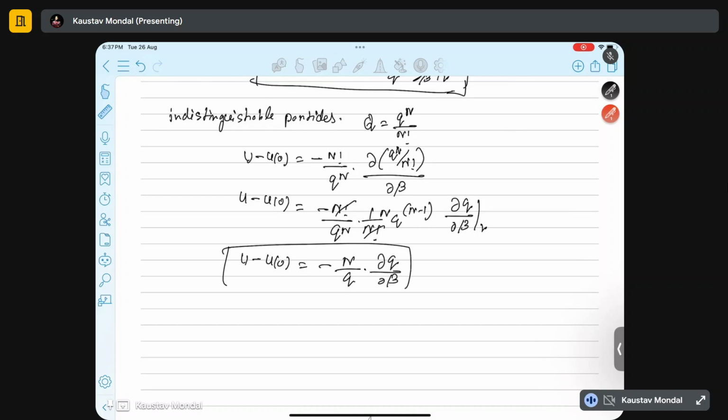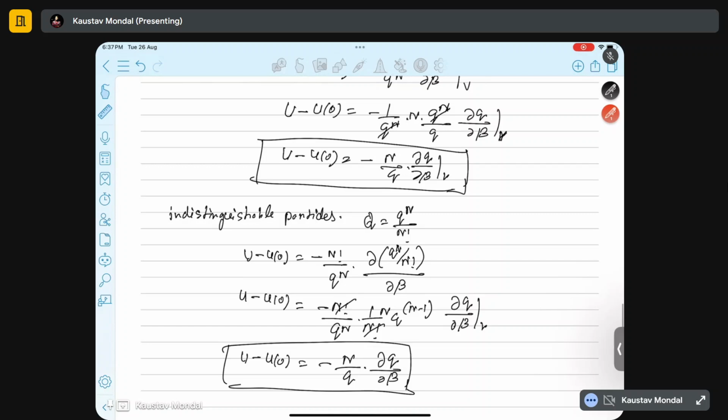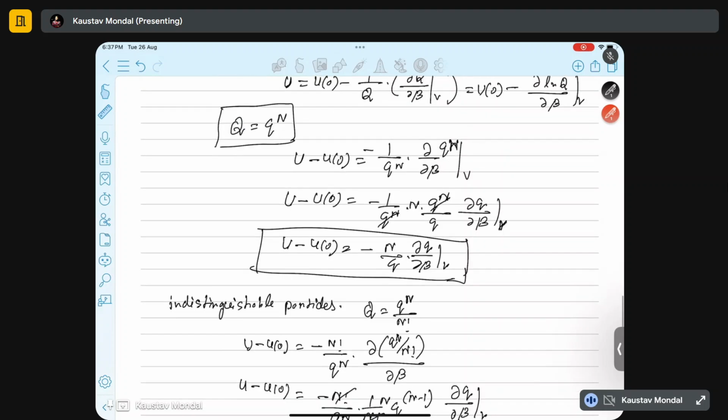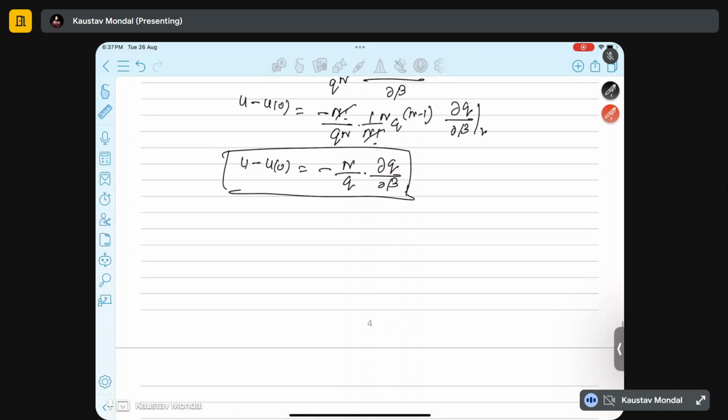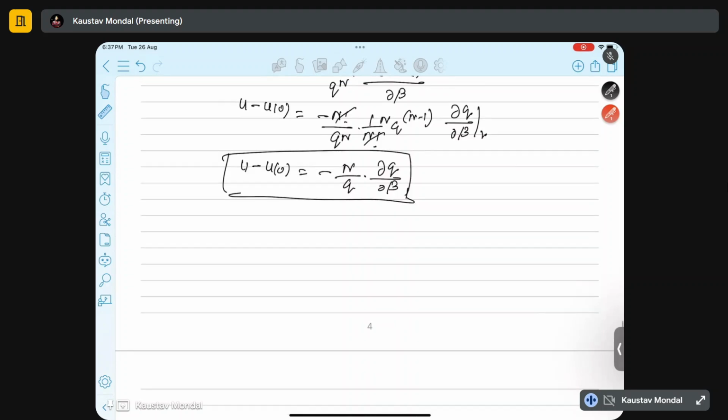As you can see, we are getting the same result for the internal energy whether the particles are distinguishable or indistinguishable. So the main point is that the internal energy basically remains unchanged.